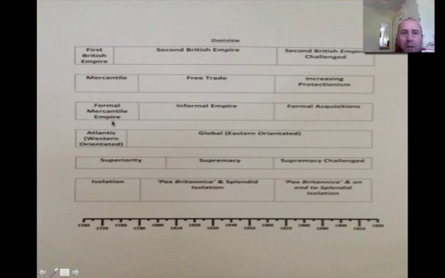We took over 13 colonies in America, we took over parts of Canada, we took over islands in the Caribbean. From around the start of the 19th century, however, Britain doesn't pursue that. We become a very powerful nation which doesn't take over parts of the world. Rather like the United States or China today, very powerful countries, but they don't own other parts of the world.